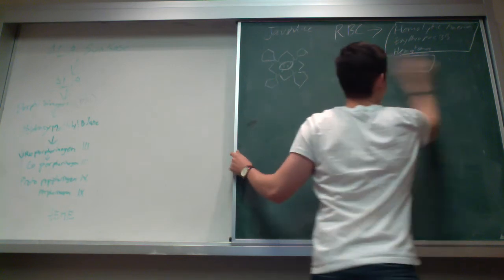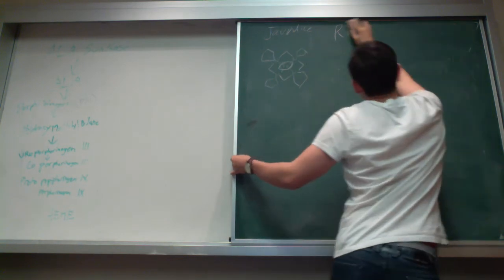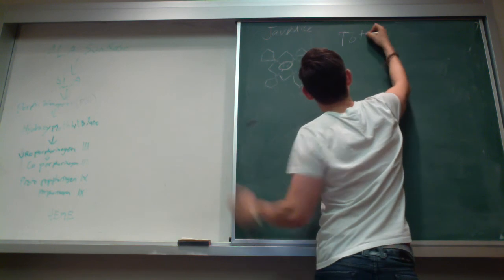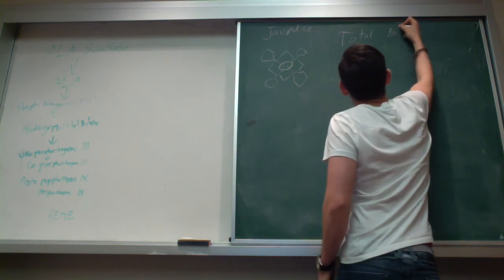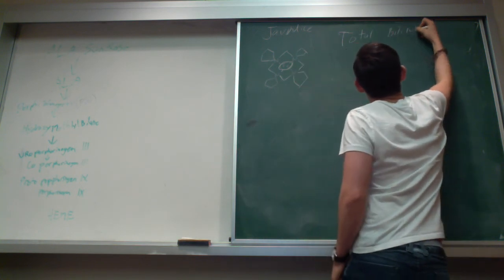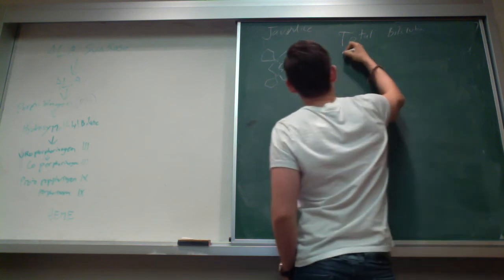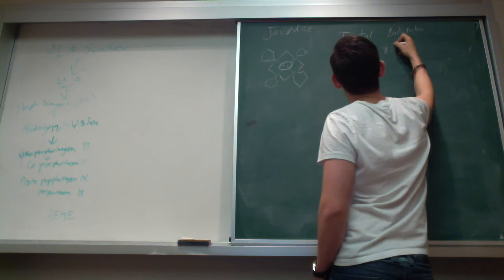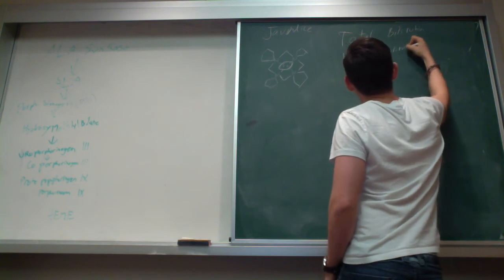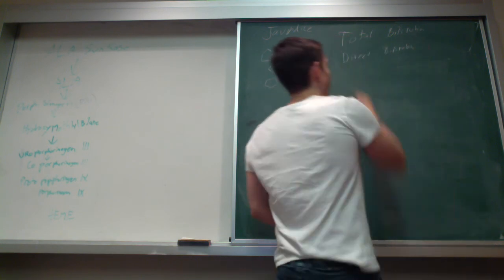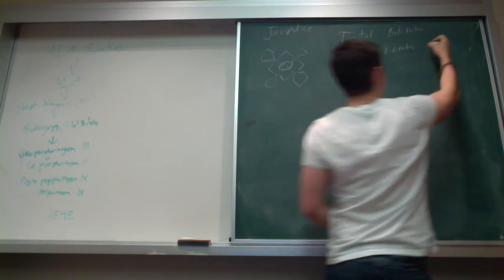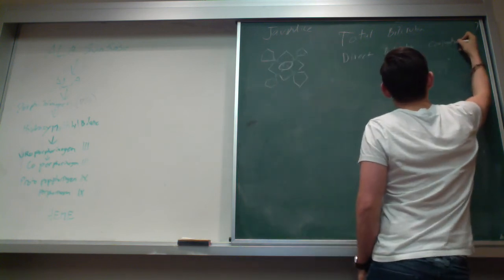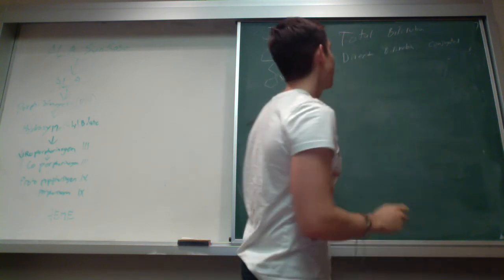So if you see jaundice in somebody, you'll order a test for them, and the test will come back with two numbers. You'll get total bilirubin, and you'll also get direct bilirubin. Direct bilirubin is conjugated bilirubin, which is the soluble form of bilirubin.